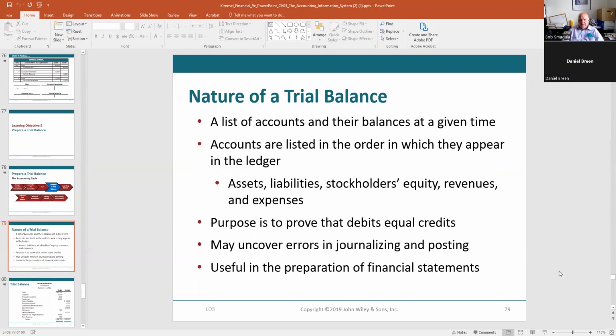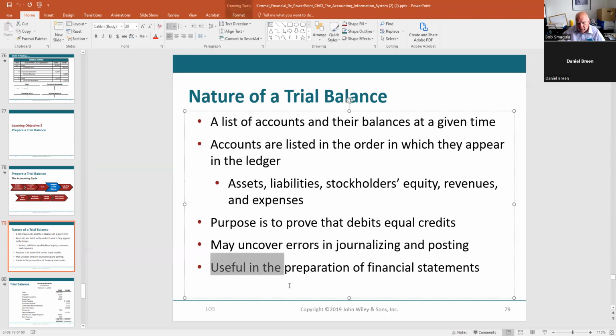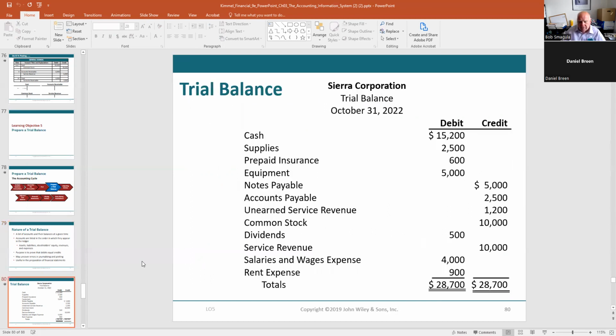And the only thing the trial balance does is prove that debits equal credits. And it might uncover some errors if something looks goofy. But the main thing is, once you're happy with the trial balance, now you can use it to prepare the financial statements. So let's see where they take us.